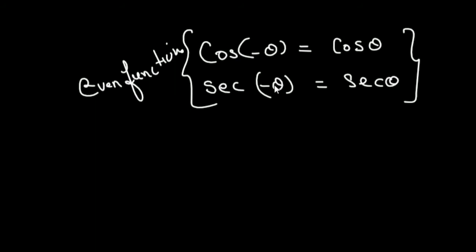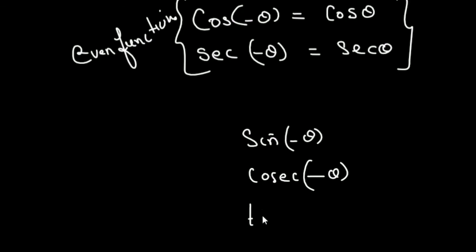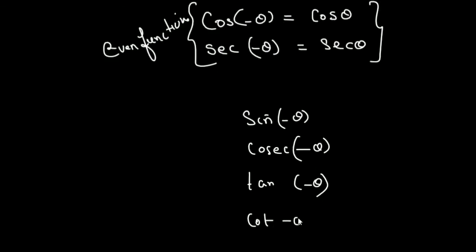Whenever you see a negative sign inside cos of minus theta or secant of minus theta, ignore that minus sign. But if it is in terms of sine, sine of minus theta, cosecant of minus theta, tan of minus theta and cot of minus theta, these are all called odd functions.